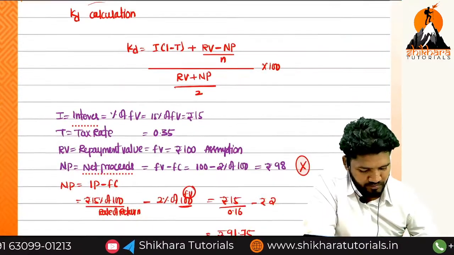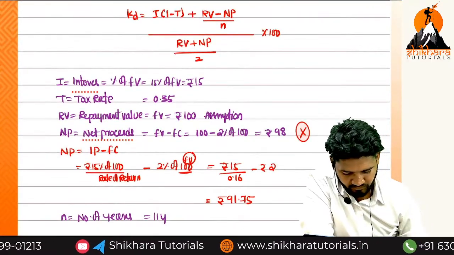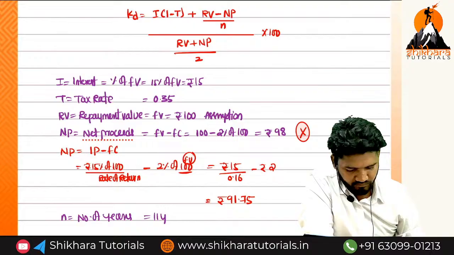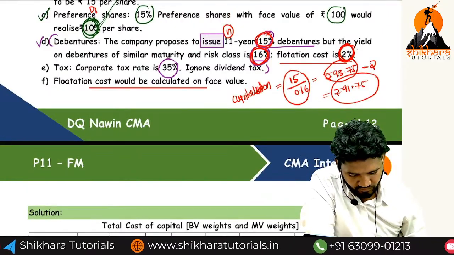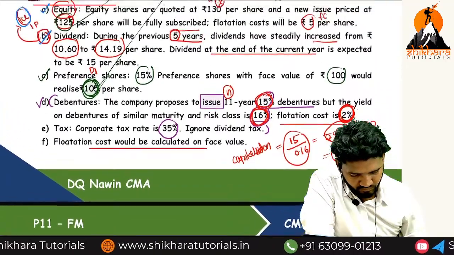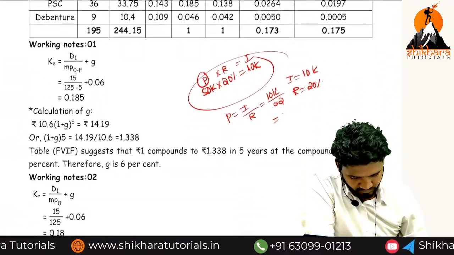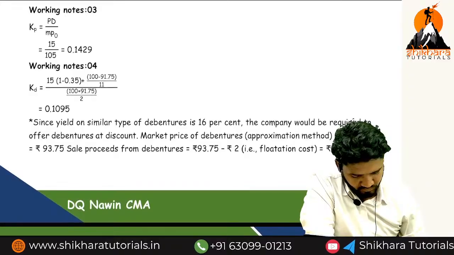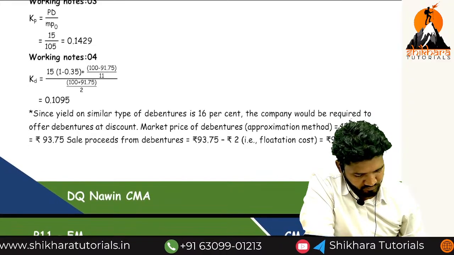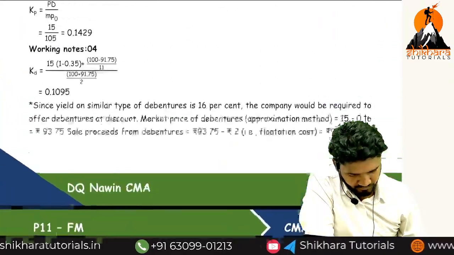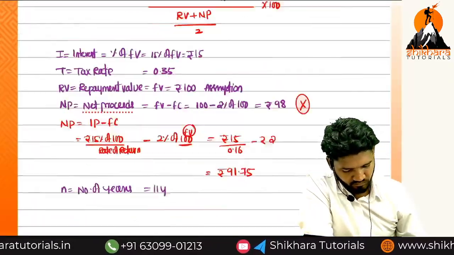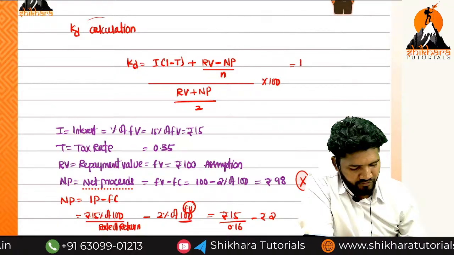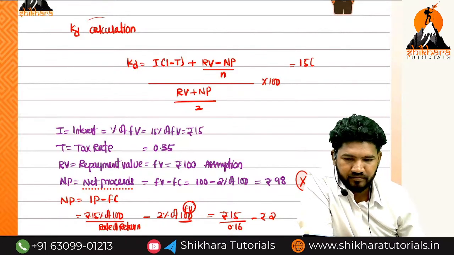Now substitute in the formula. Interest 15, 1 minus tax 0.65.